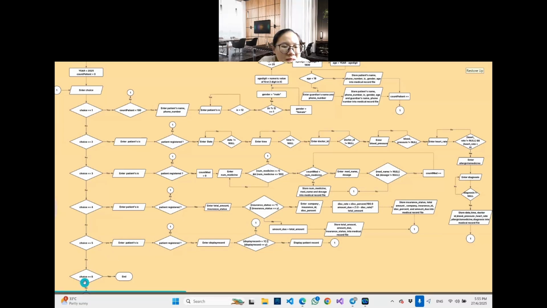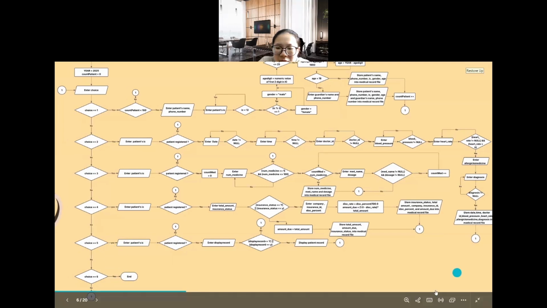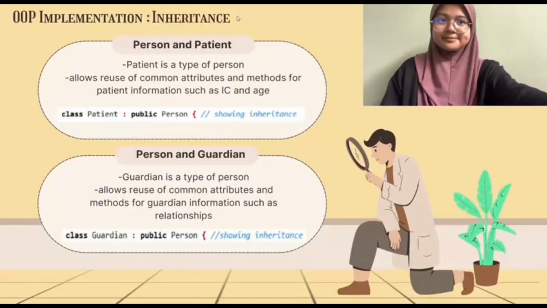And choice 6 is the exit, which means to end the program. Here, if you enter anything that is not between 1 and 6 for the choice, they will go back to the enter choice. They will ask you to enter the choice again and again.